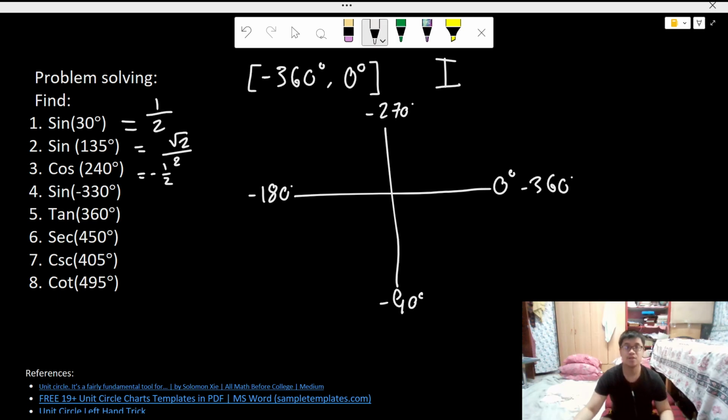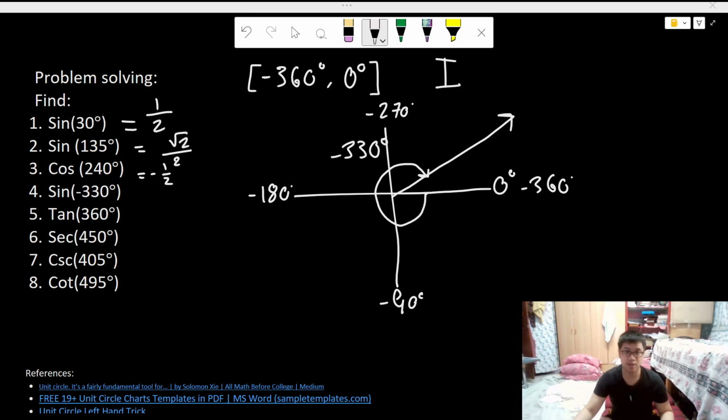So you're going to rotate clockwise. So where is negative 330 degrees? It's actually within the first quadrant. So from here going there, you will have this one.